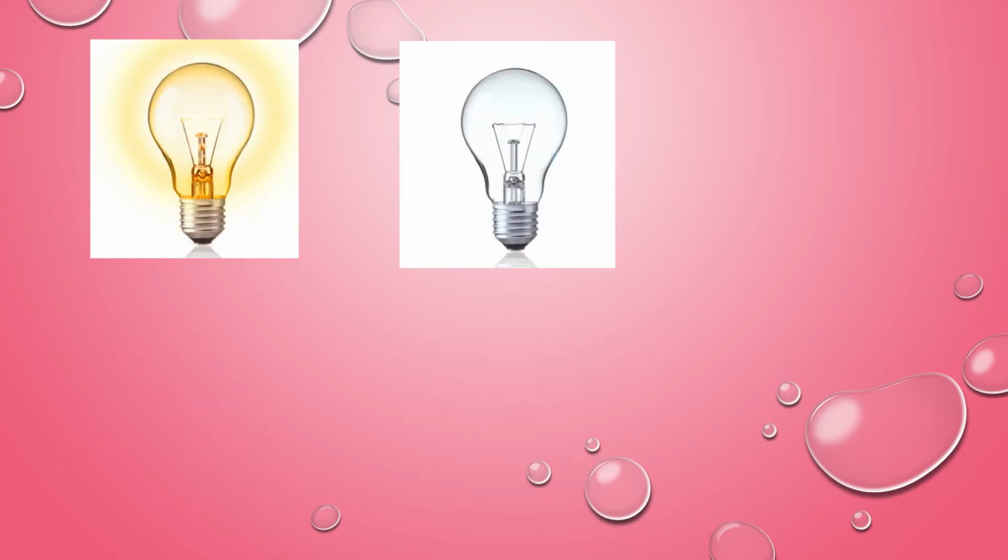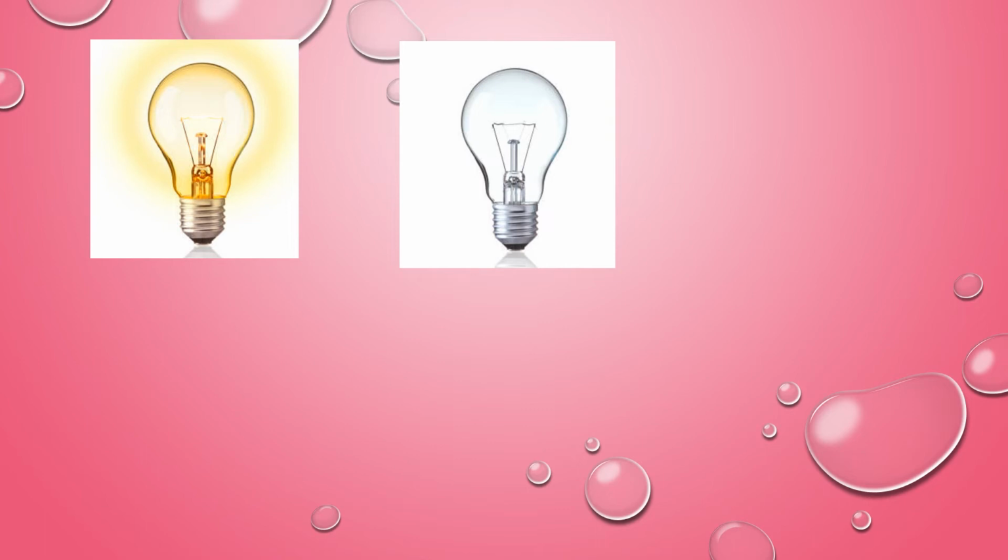For example, if you are at home and a light bulb goes out, first you observe that the light bulb is out. Observation is a way of collecting data. So first you observe, then several questions arise in your mind.